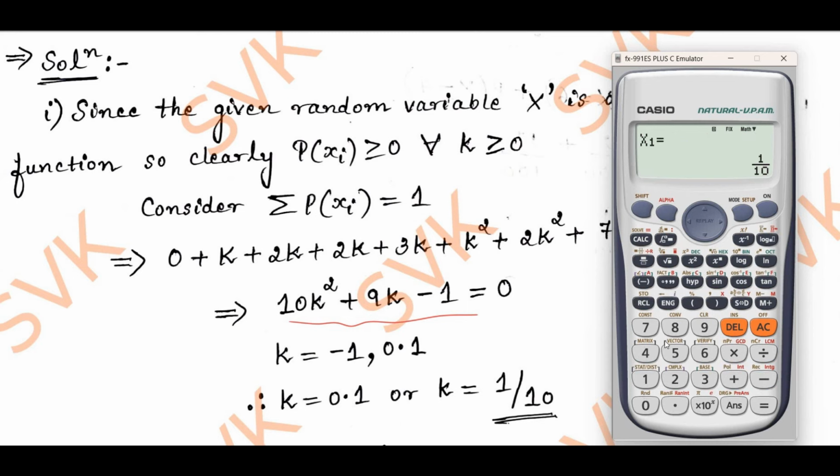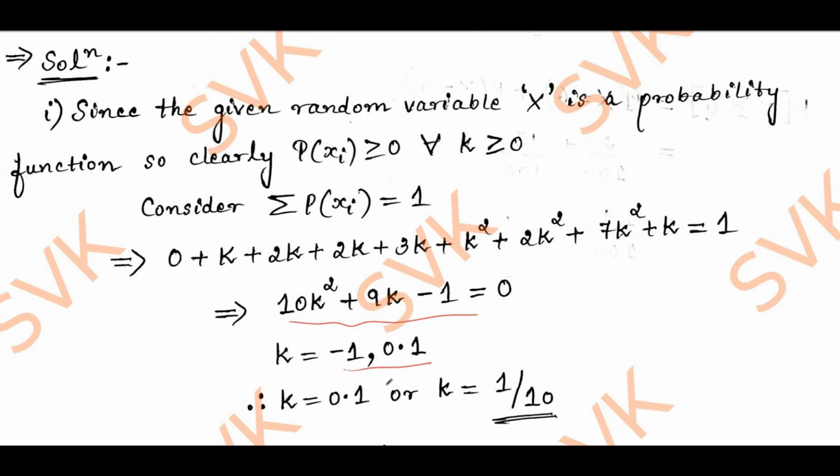Then press equal to. You are going to get one root as 1 by 10 and another root as -1. So we got two roots, that is -1 and 1 by 10. As the value of k should always be positive, k should be greater than 0, so we consider k equal to 1 by 10, that is 0.1.